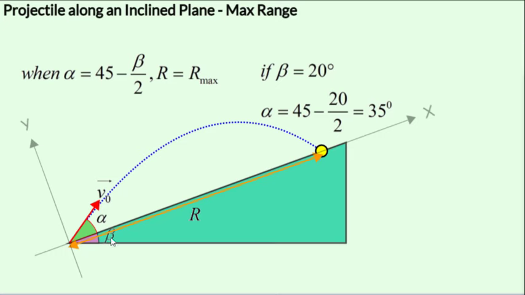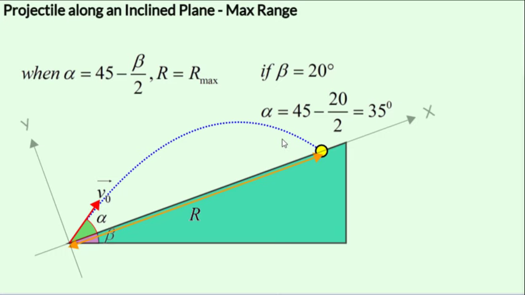Also notice that this angle alpha is with respect to the incline. With respect to the ground, this angle would have been 20 plus 35, which is 55 degrees in this case. So this is the trajectory at 35.